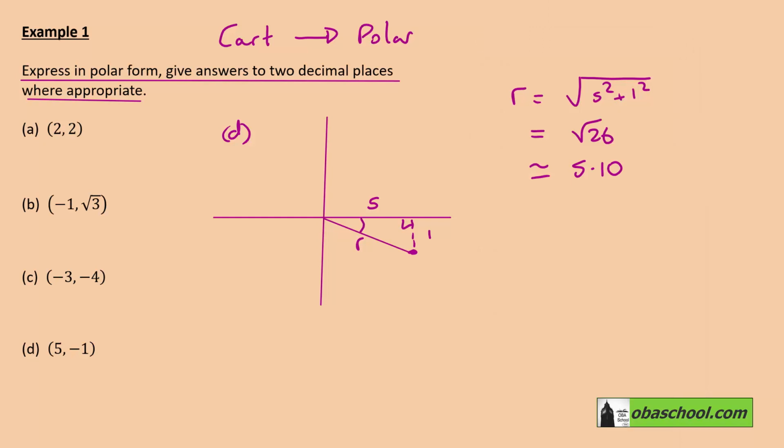We also want this angle here, phi, but remember the angle we want to give is right the way around from the initial line to here. So phi is going to be the inverse tangent of the opposite divided by the adjacent. And so we can work that out.